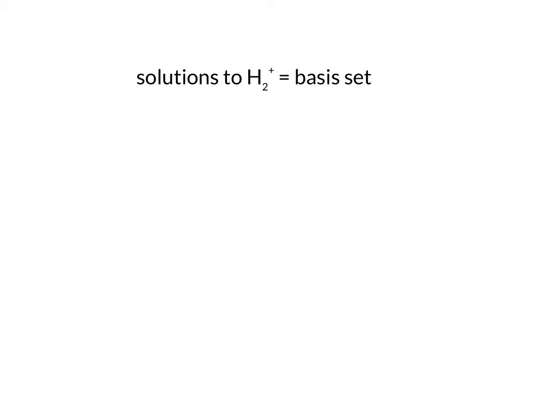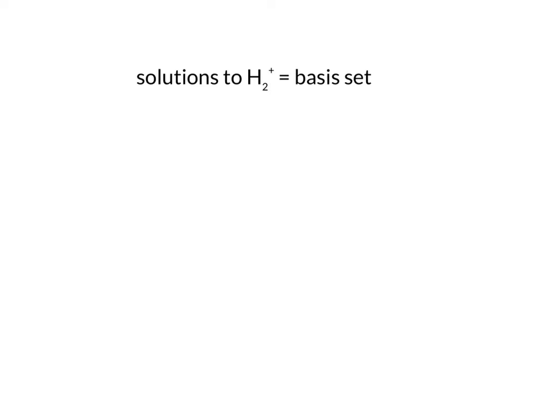So just like we used the hydrogen atom wave functions as the basis set for constructing trial wave functions for multi-electron atoms, we're going to do the same thing here and use solutions to the hydrogen ion molecule as a basis set for constructing trial wave functions for multi-electron molecules.